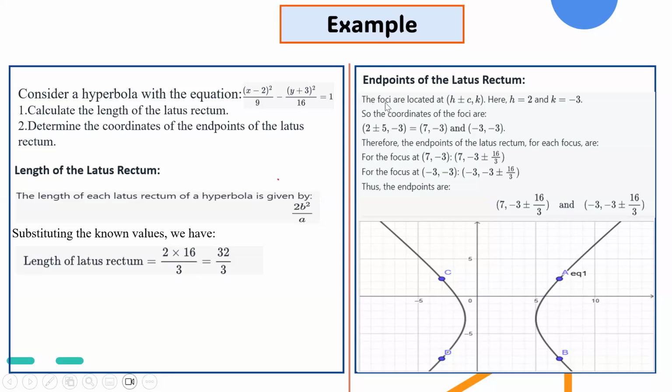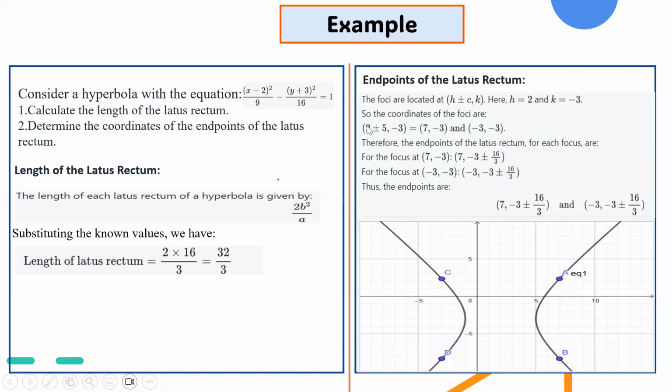How do we find the endpoints of the latus rectum? Here we just substitute the values in the formula that I mentioned earlier, H plus or minus C, K. We know that H is equal to 2 and K is equal to negative 3. How do we find the focus, or the two foci?